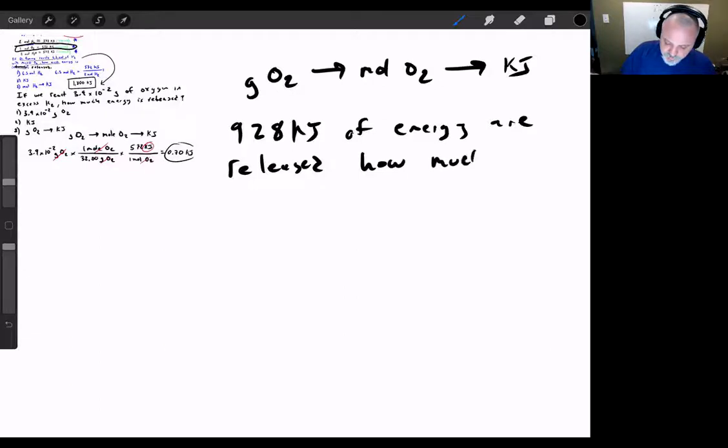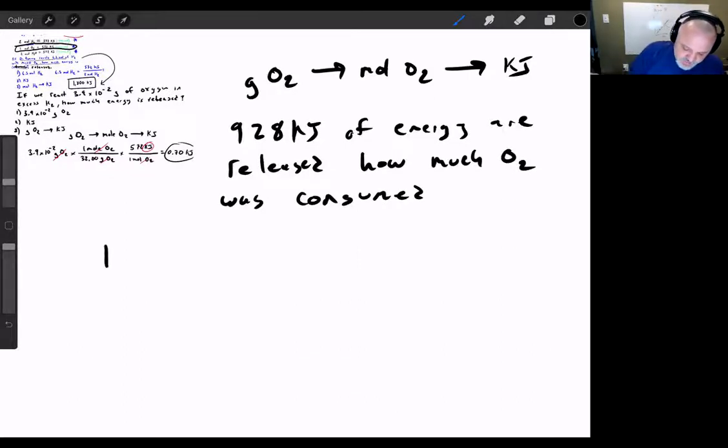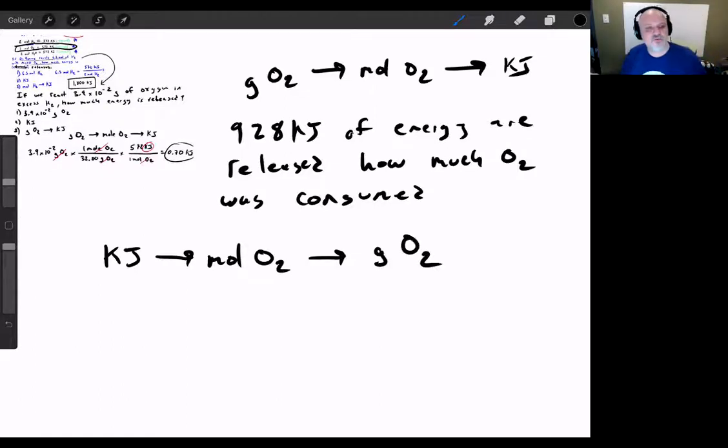How much O2 was consumed? Remember, I can ask you a question forward, and I can ask you the question backwards. So in this case, you would go from kilojoules to moles of O2 to grams of O2. You're just doing the thing backwards. But there are all sorts of different ways to ask the question, just like with any other stoichiometry problem. All right, so let me pause right there and see if there are any questions.